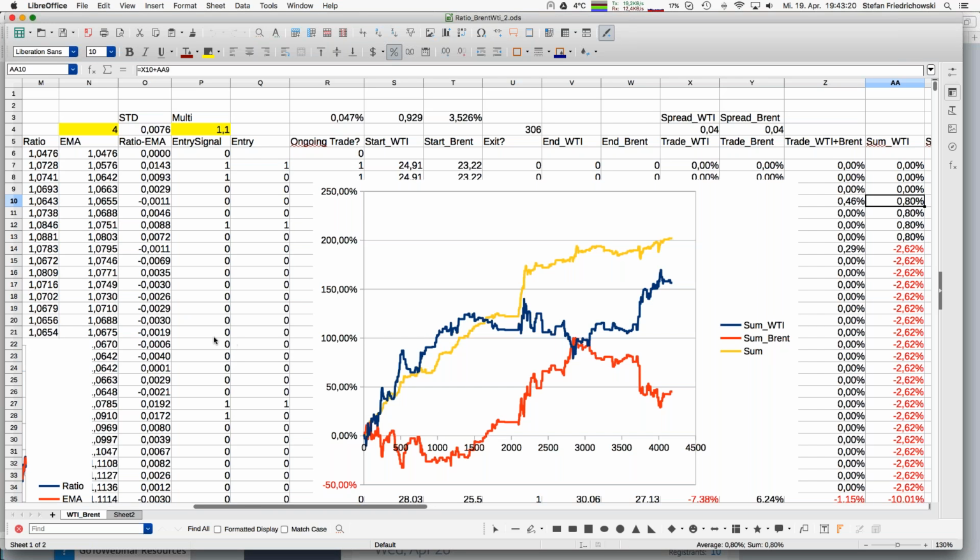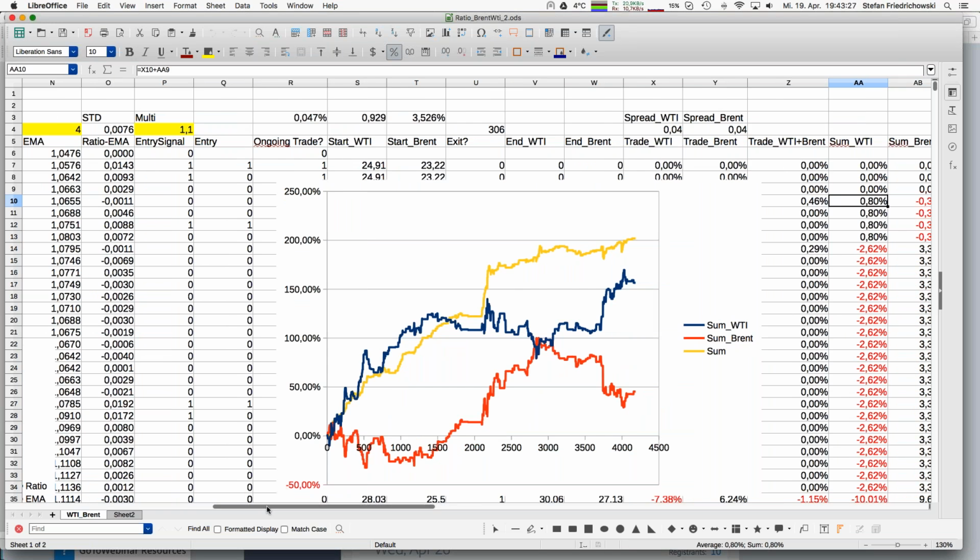And now within that chart here, you can see in total 3 equity lines. Up to now, it's not really an equity in terms of euros or US dollars. It's the percentage result of our trades. But anyhow, it's something quite similar to an equity.